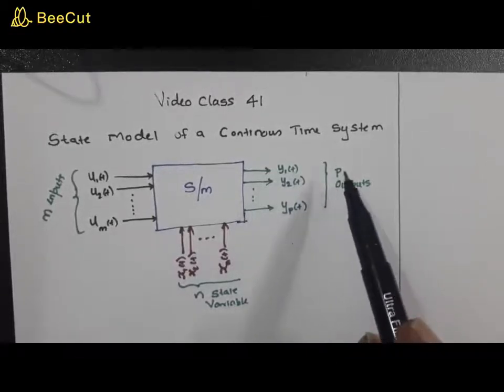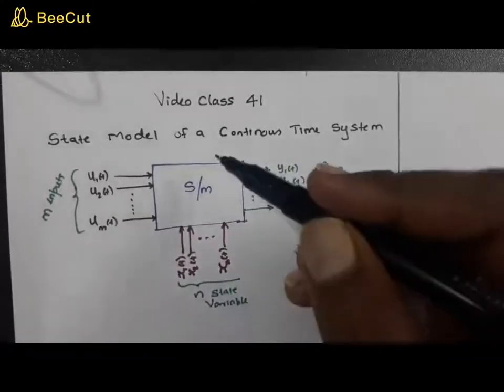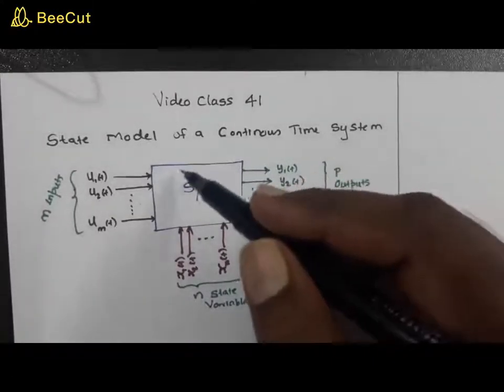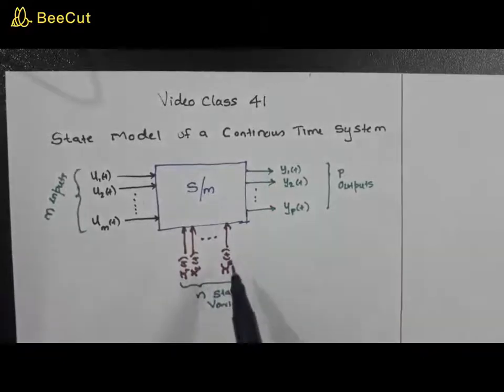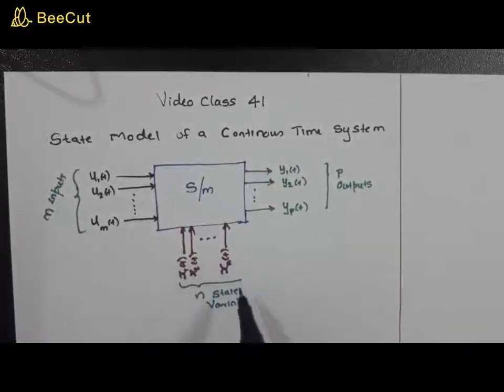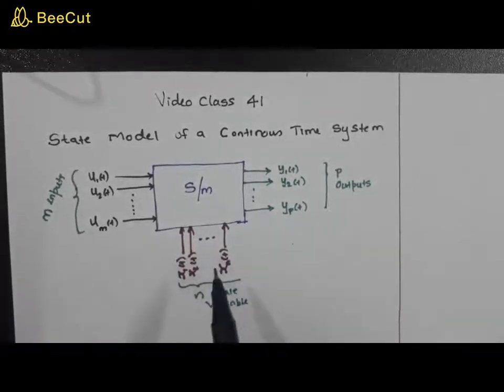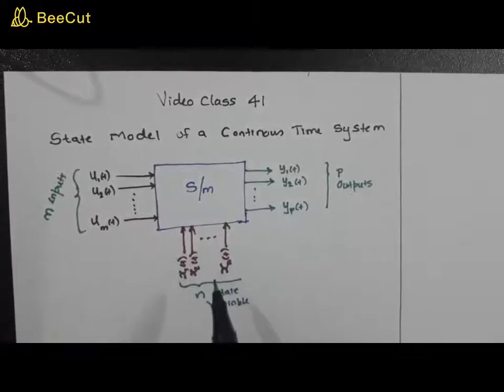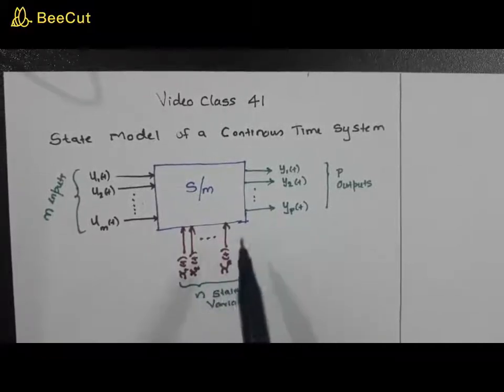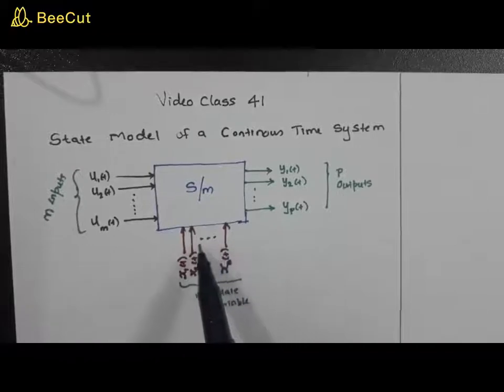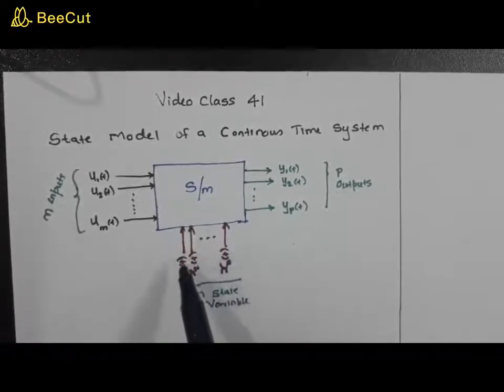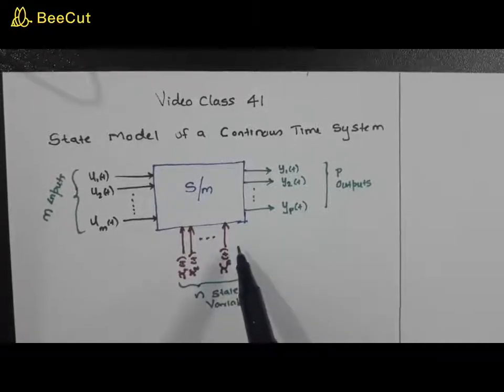Along with this, the system has internal states, or initial conditions, whatever you can call them. These are the inherent things, which we call the state variables, and it gives you information about the past.